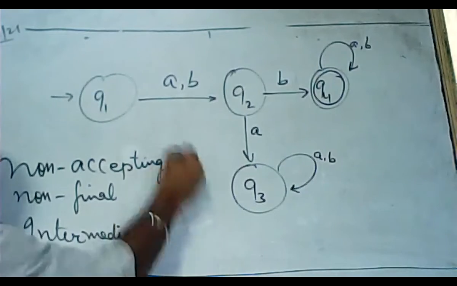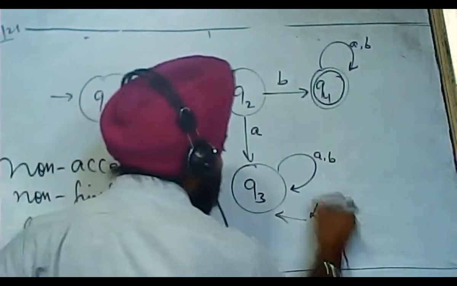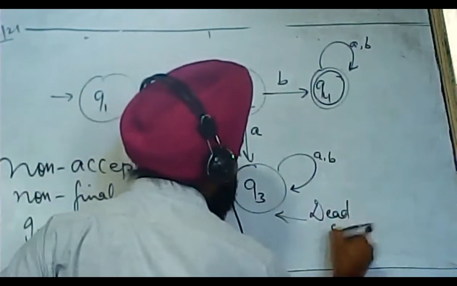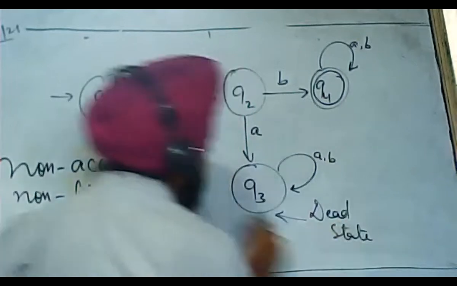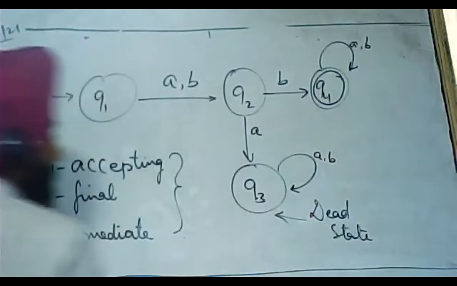Only these states will be your dead state. So here Q3 is your dead state. Once you enter into Q3, you will not escape.